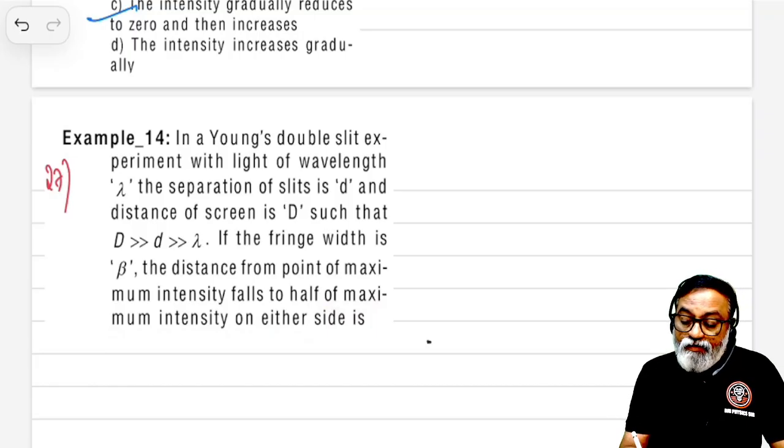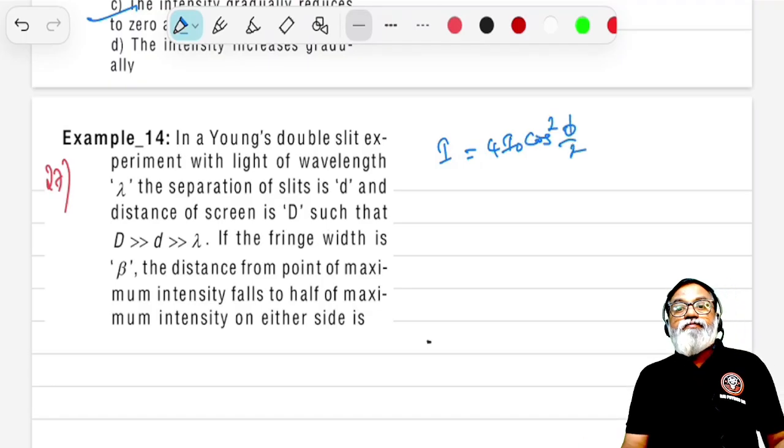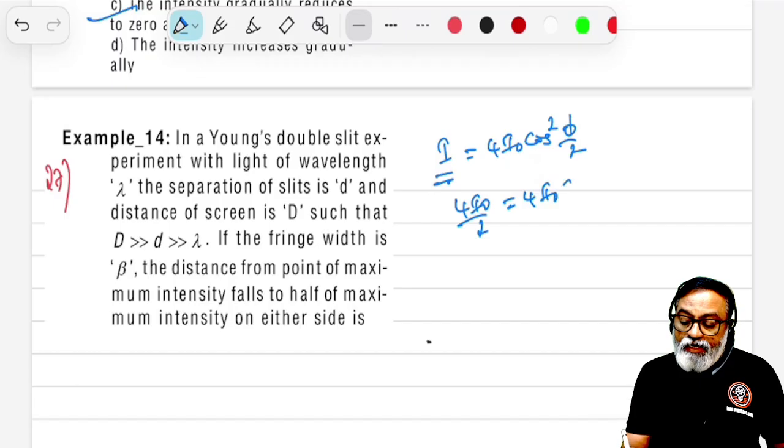See here, I is equal to 4 I naught cos square phi by 2. Here the intensity decreases to half of the maximum intensity, meaning 4 I naught by 2, that is 4 I naught cos square phi by 2.